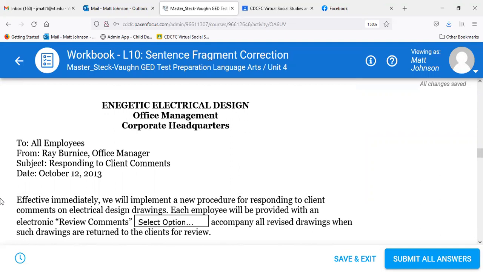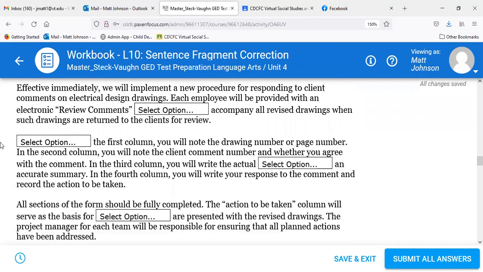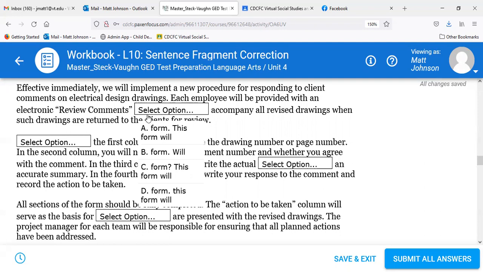In energetic electrical designs, we have a memo to all employees. Effective immediately, we will implement a new procedure for responding to client comments on electrical design drawings. Each employee will be provided with an electronic review comments form.